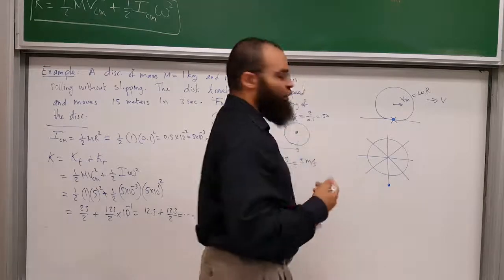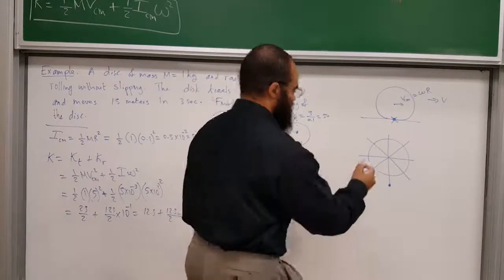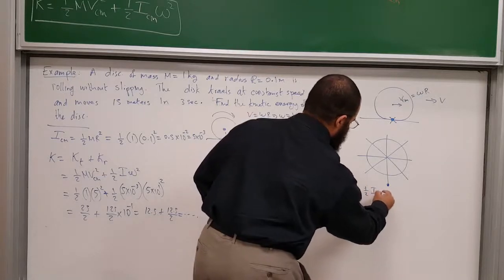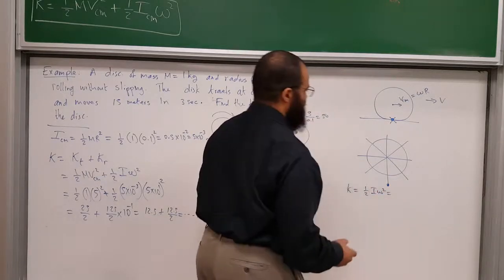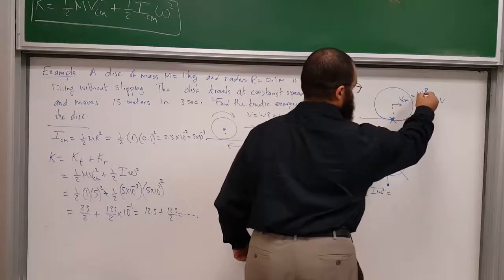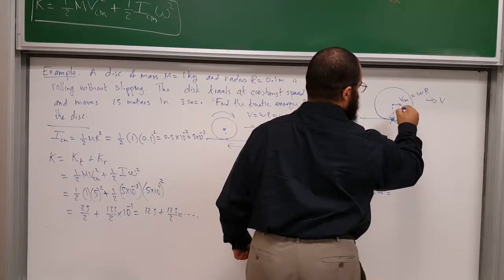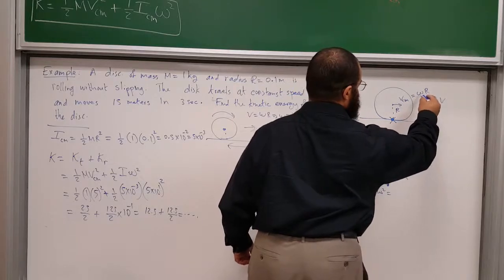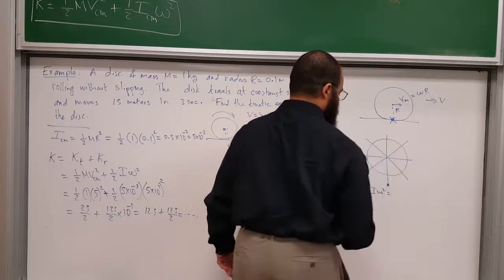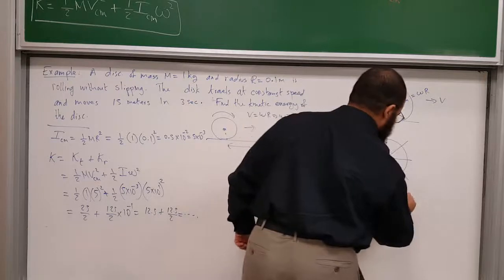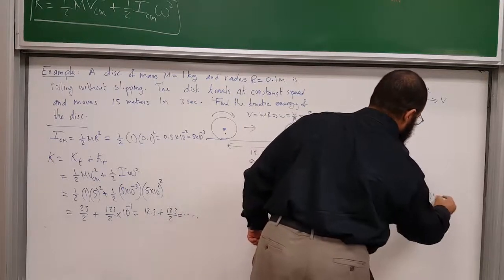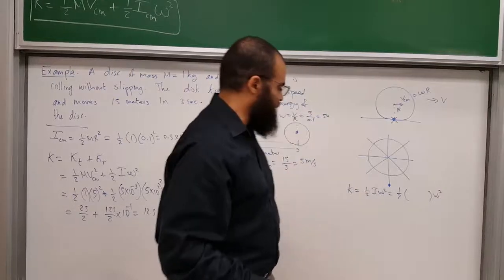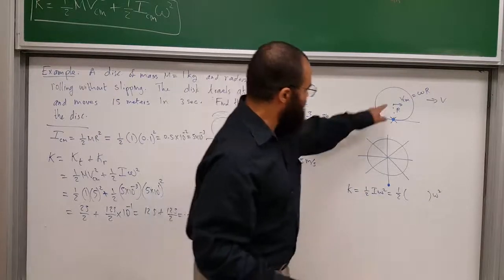And if it's a pure roll, we know that the kinetic energy is 1/2 I omega squared. And omega is just this omega, because the center of mass is a distance r, and so omega is v over r, which is omega r divided by r, that's omega. And so you get 1/2 I omega squared, but the moment of inertia here is not about the center of mass.